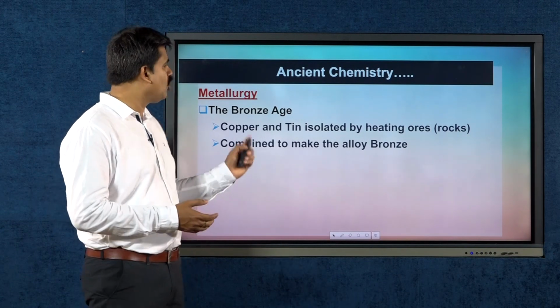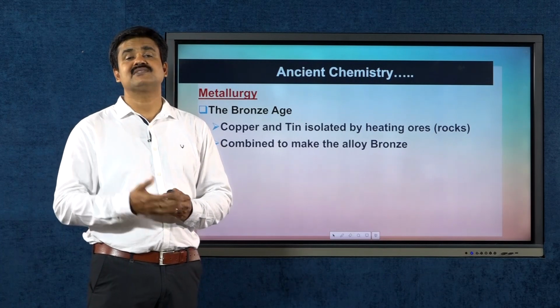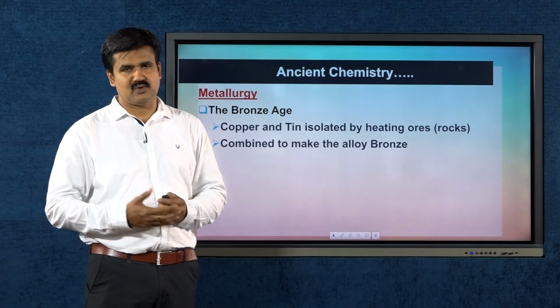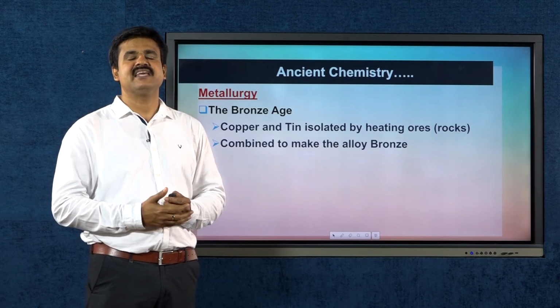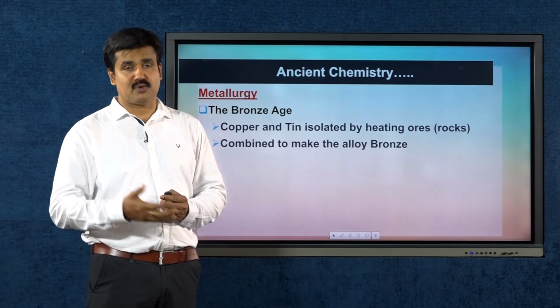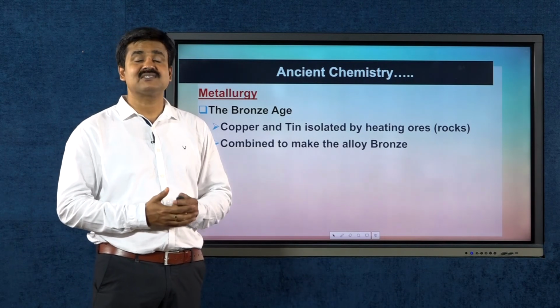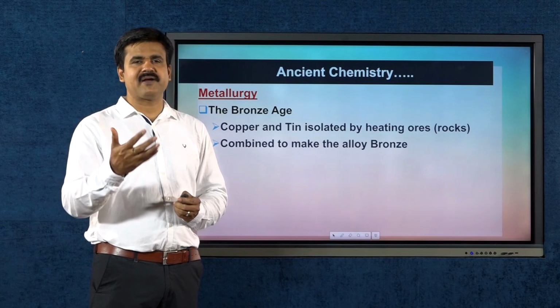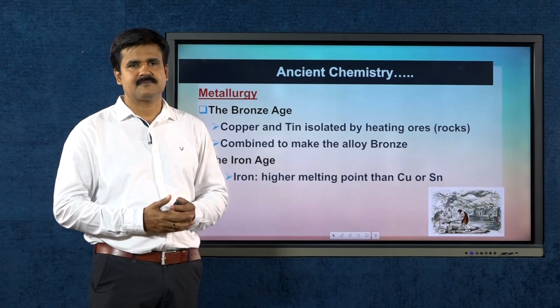Moreover, copper and tin combined together to produce the alloy bronze. The ancient people prepared bronze, so that period is simply termed the Bronze Age. So, first they prepared copper and tin, then they prepared the alloy bronze.